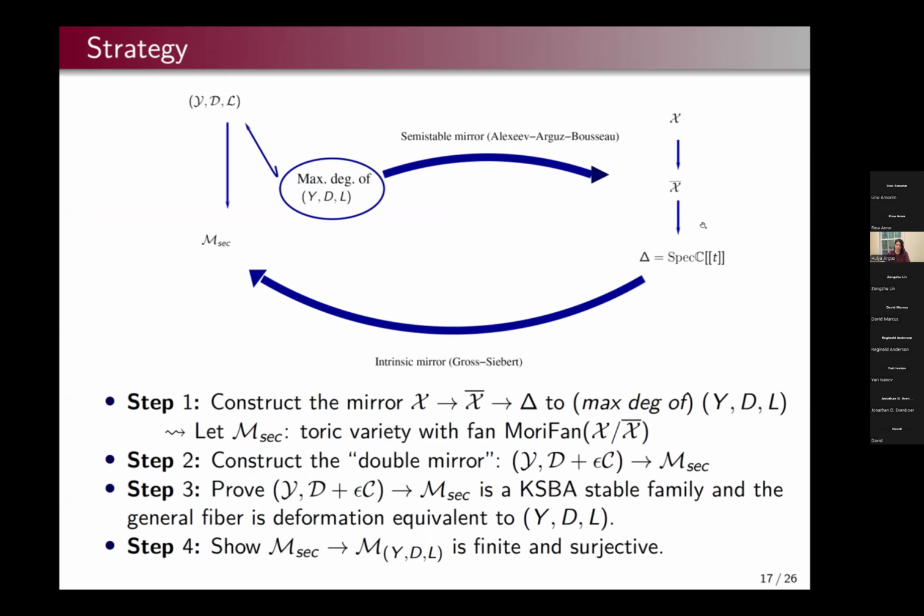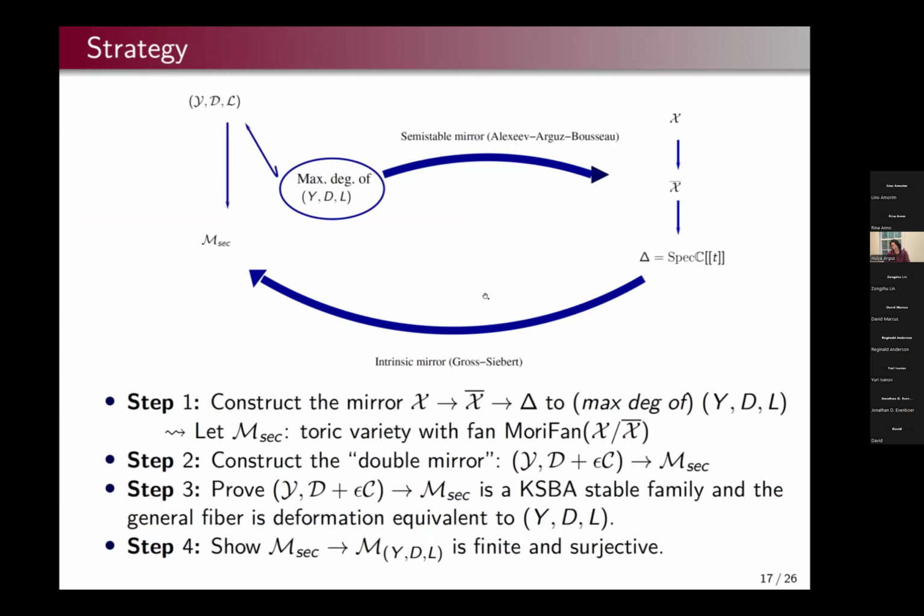Hence, we show it follows by results of the minimal model program that such a mirror is a Mori dream space, so we can talk about the Mori fan of such a mirror. And then we show that this Mori fan is actually parametrizing the moduli space, the KSBA moduli space of all such pairs (Y, D, L). So to show that, we look at the double mirror.